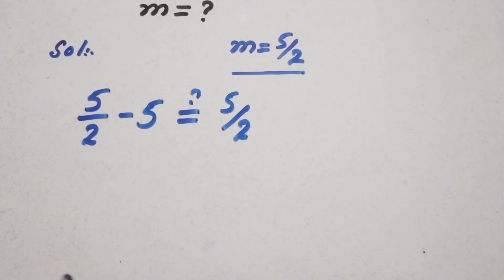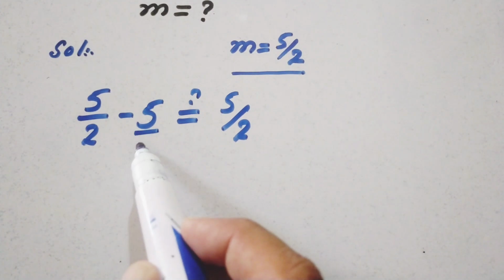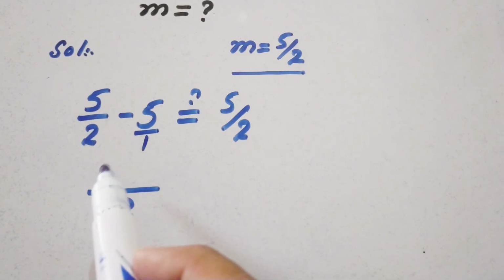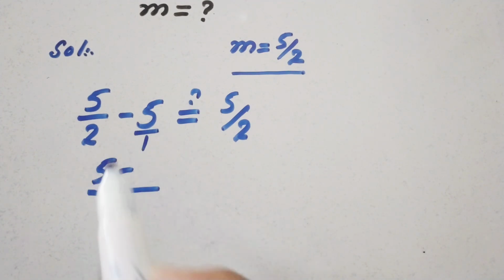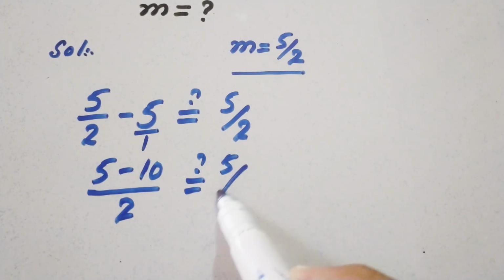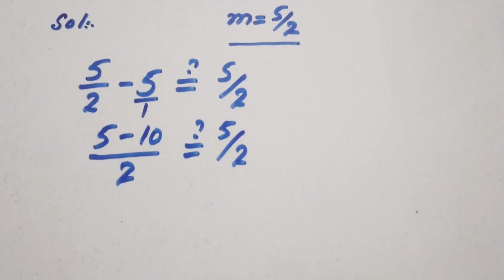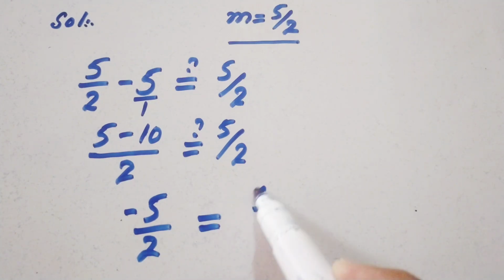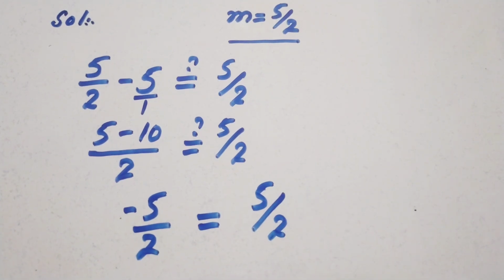So at the right hand side we have a fraction and this denominator is 1. So by taking LCM, which is 2, this will become 5 minus 5 multiplied by 2, we get 10, whether it is equal or not equal to 5 divided by 2. So finally we get 5 minus 10, we get minus 5 divided by 2, and at the right hand side we have 5 divided by 2.